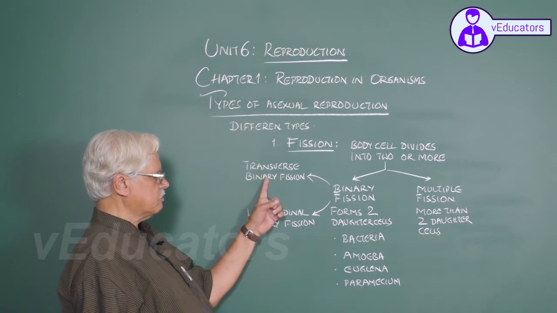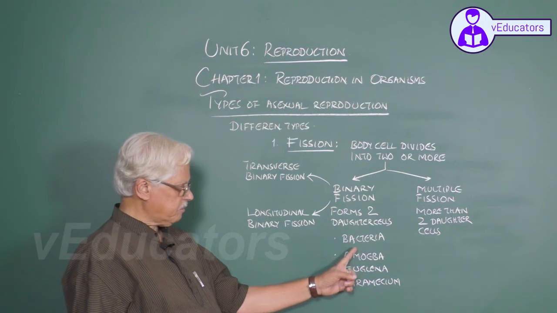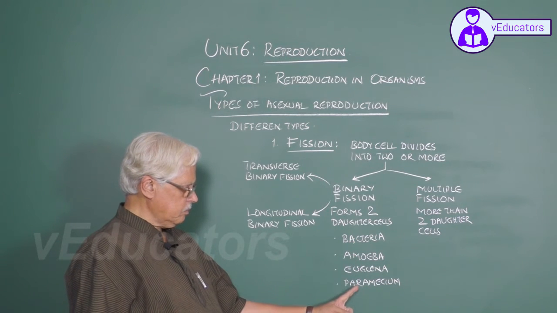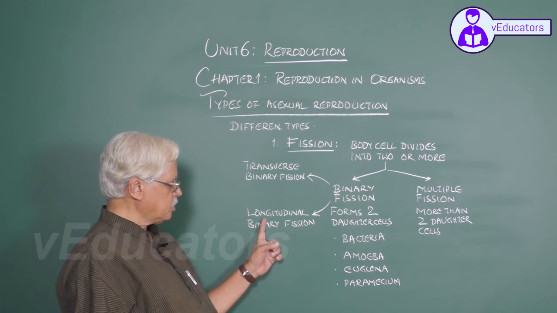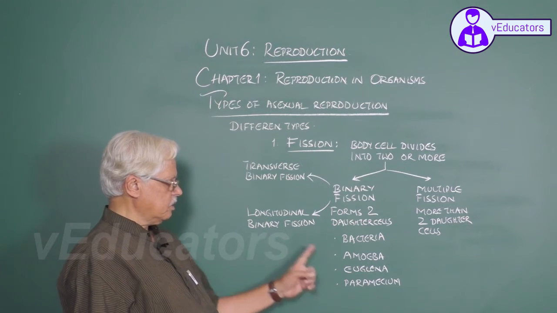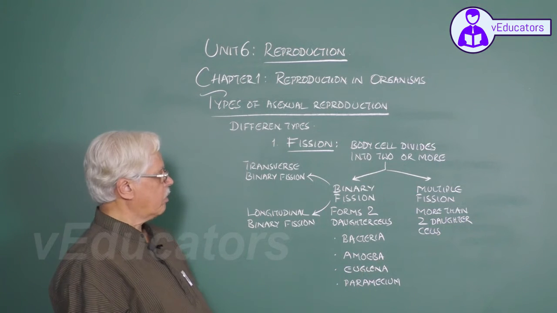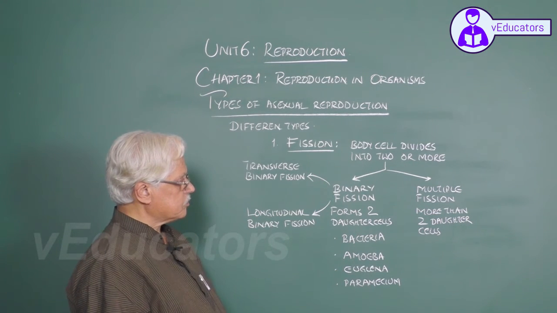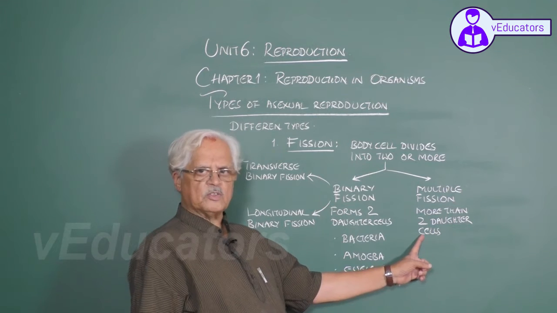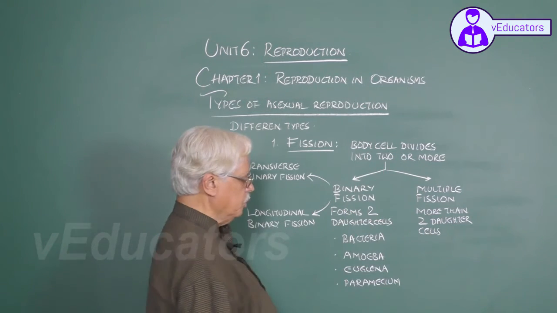Transverse binary fission, for example, is observed in bacteria, amoeba and paramecium. Longitudinal binary fission is observed in euglena. In multiple fission, the parent cell splits into several daughter cells and each one of them grows into new individuals.